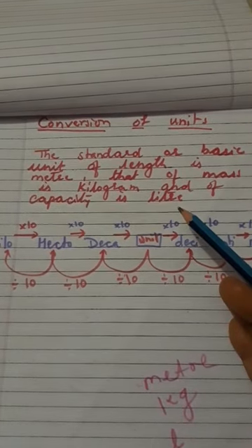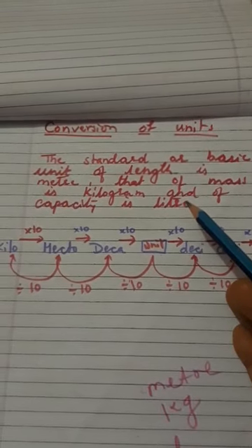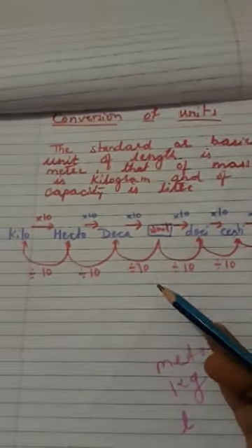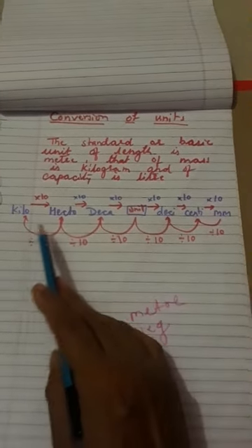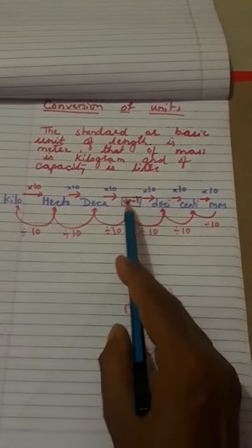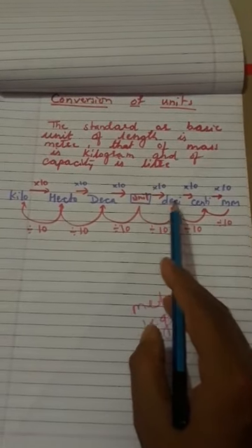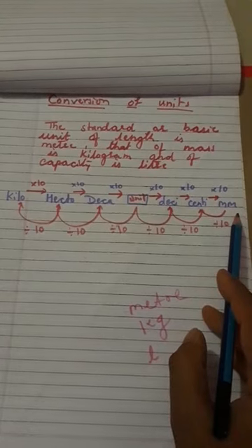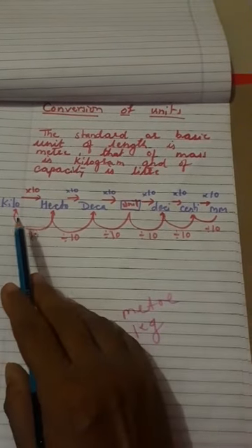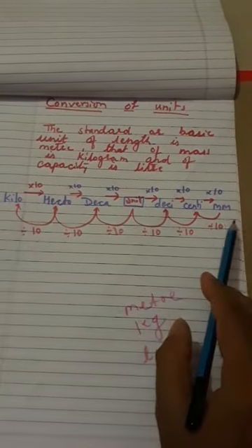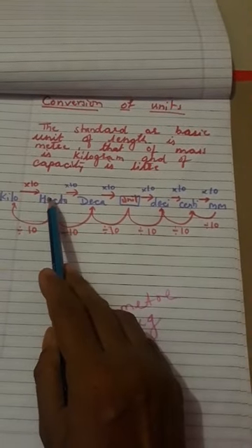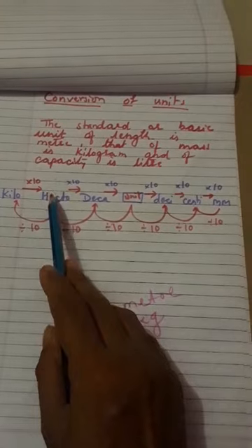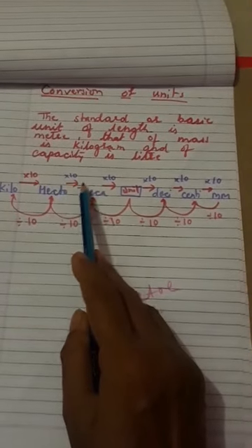now to convert those units, we are following one chart. What is this chart? Kilo, hecto, deca. In this box I have written unit, deci, centi and milli. Now this is the greatest one and this is the smallest one. If you are moving from greater to smaller, if you take one jump, multiply by 10. If you take another jump, keep on multiplying by 10, 10, 10.